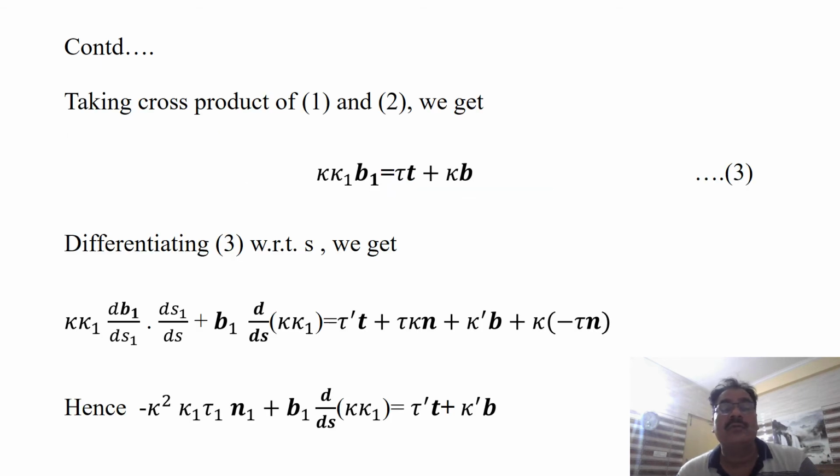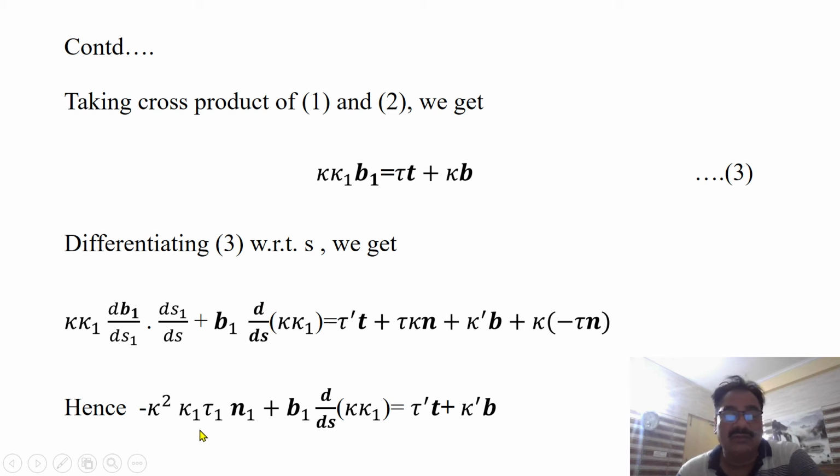Taking the cross product of 1 and 2, we write k k1 b1 is equal to tau t plus k b, that is equation number 3. Differentiating equation 3 with respect to s, we write k k1 db1 by ds1 times ds1 by ds plus b1 times d by ds of (k k1) is equal to tau dash b t plus tau k n plus k dash b plus k times minus tau n.